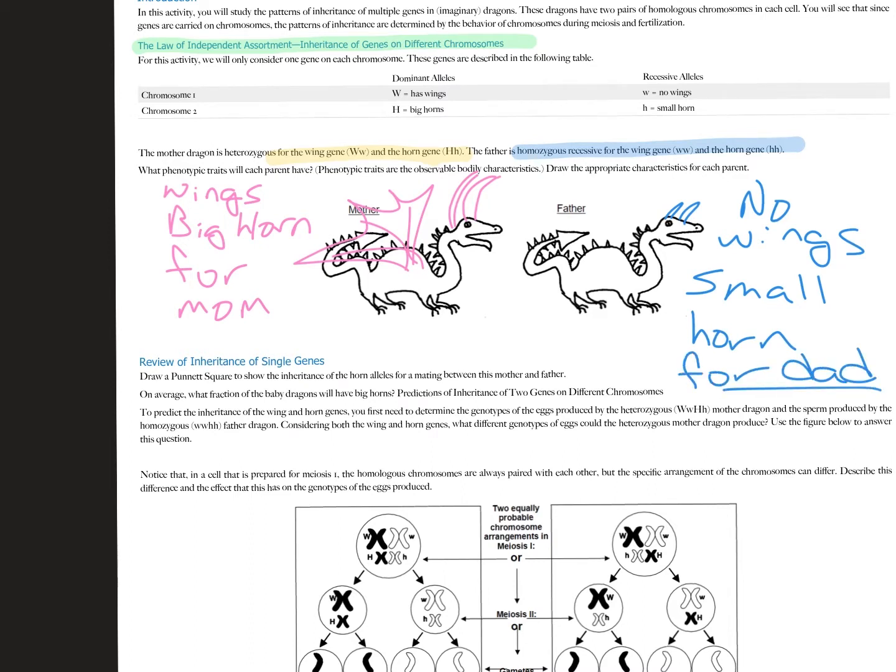Are we good with that? Yeah. All right. So when we draw the appropriate phenotype characteristics on each one, there's the drawing, right? There it is.